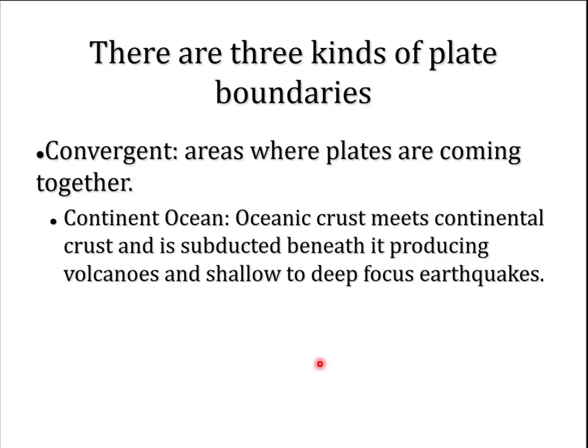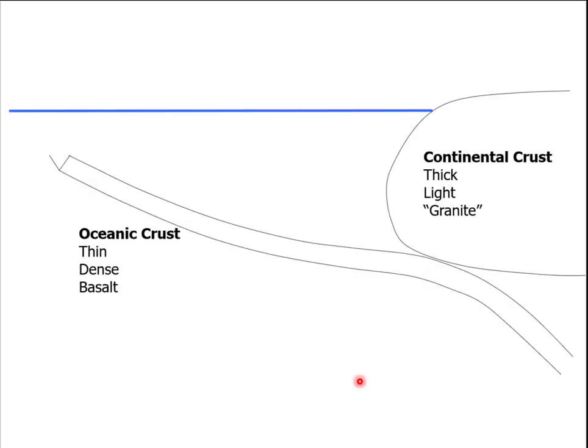Right, so with continent ocean, oceanic crust is going to meet continental crust. We already looked off of the west coast of South America to see this when we were talking about the different kinds of crust. But now let's talk about what's actually going on out there.